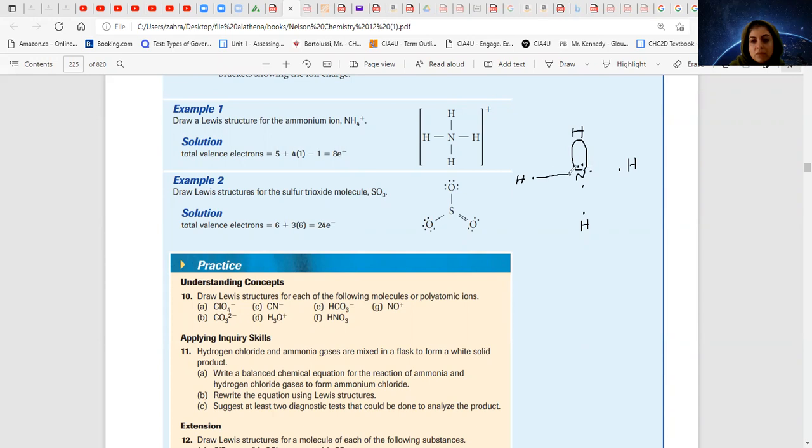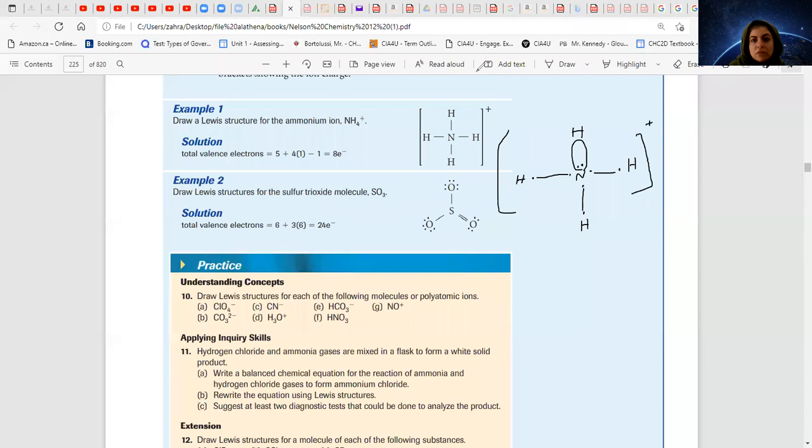These two make a bond, these two make a bond, and these two make a bond. We have four single bonds around nitrogen, as you see here. But I need to put that in a bracket because this is a positive charge.